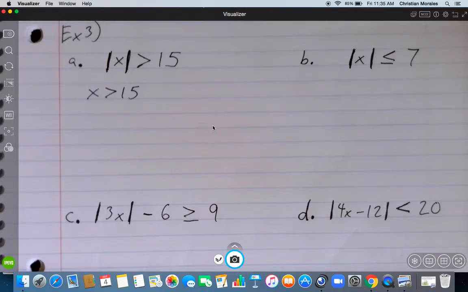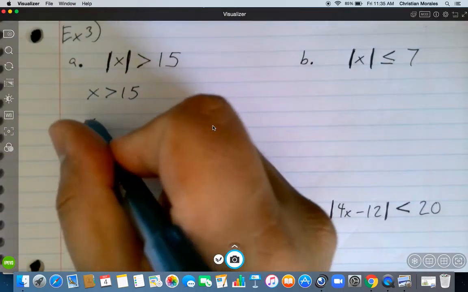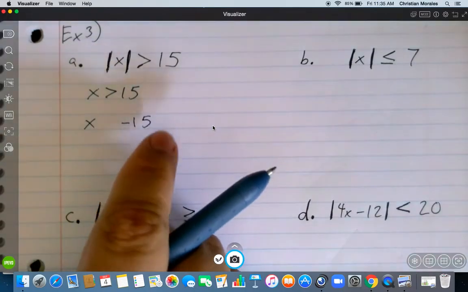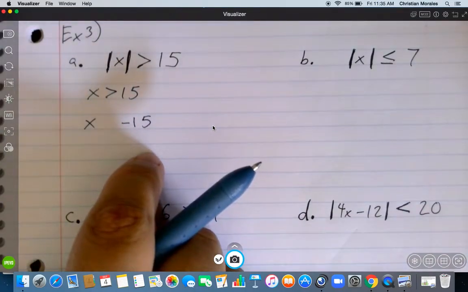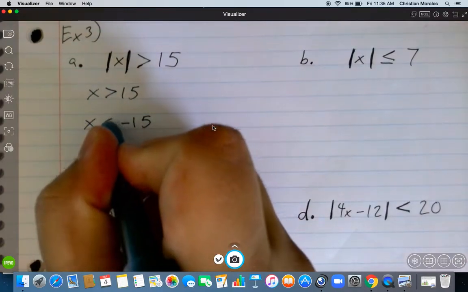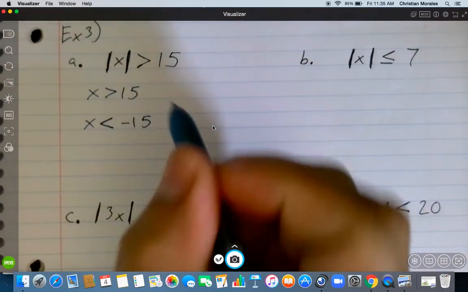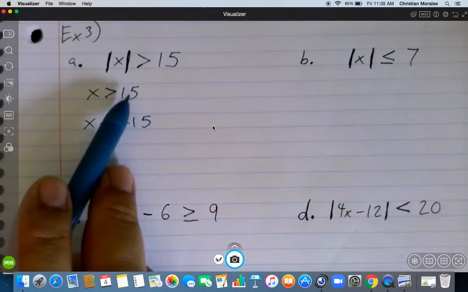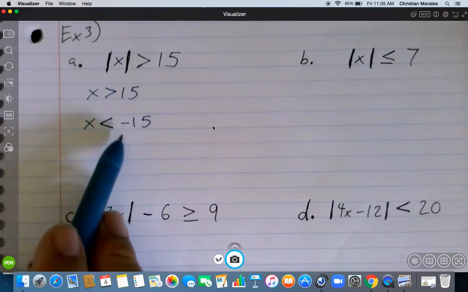But what about the negative version? Well, if you're going to put in the negative answer, you're changing the sign. And guys, if you change the sign in an inequality, you also flip the sign. So those are your two answers. X can be greater than 15 or X can be less than negative 15.